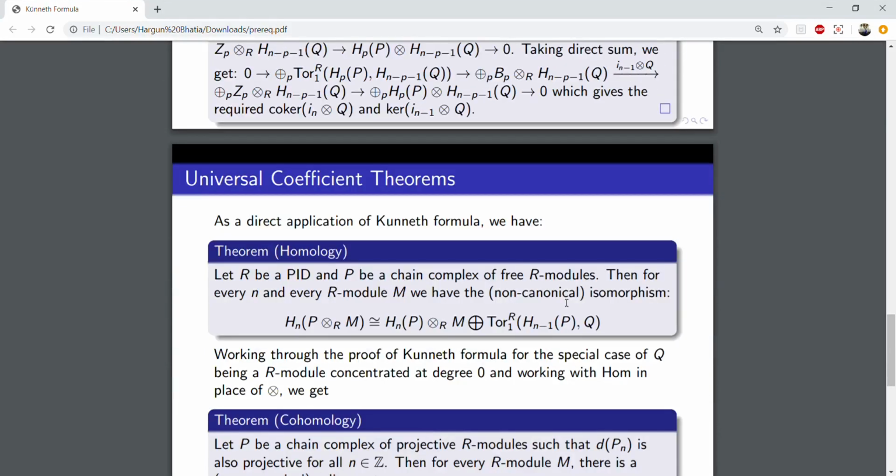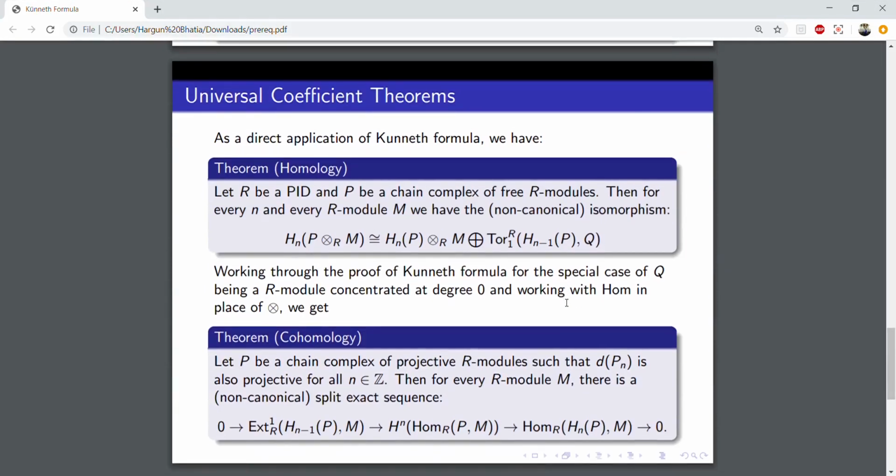Alright, now let's see some applications, the so-called universal coefficient theorems. Directly I apply the Künneth formula to prove this. The theorem says, suppose R is a PID and P is a chain complex of free R-modules. Then I apply the Künneth formula, where I take P to be P and Q I take to be the chain complex with just one module M, concentrated at degree 0, because I'm just working with one R-module and one chain complex.